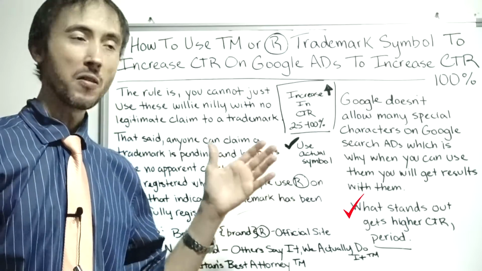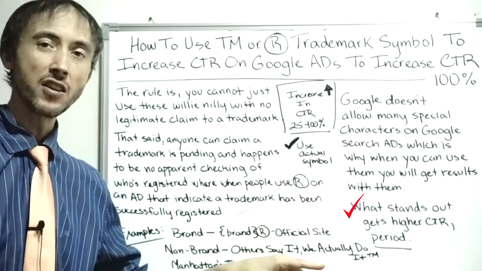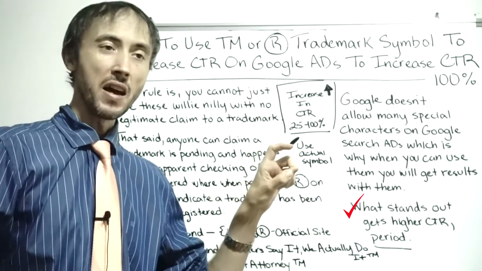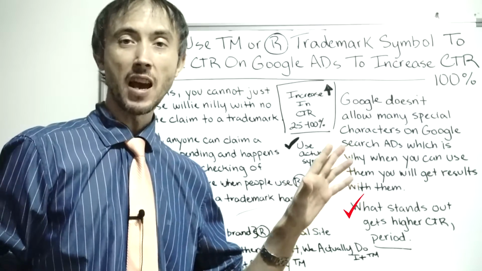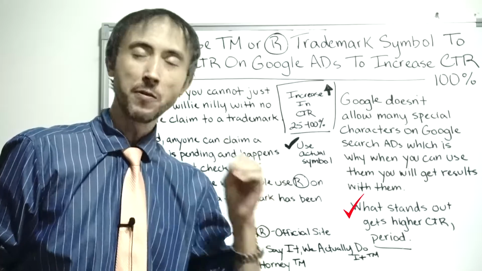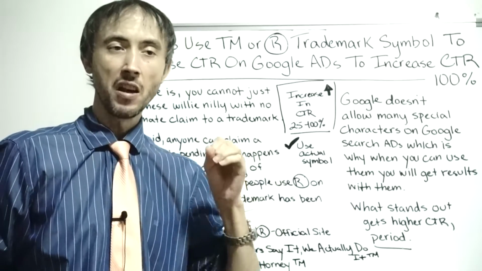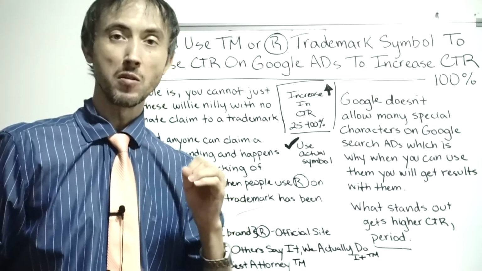Of course, the rest of the model, getting their interest, getting their desire, and then getting their action, has to be followed through. But a big part of it is just getting the attention in the first place. And I want to say literally half of your click-through rate is dependent on how well you're able to get someone's attention after they search on Google for the keywords that you're bidding on.